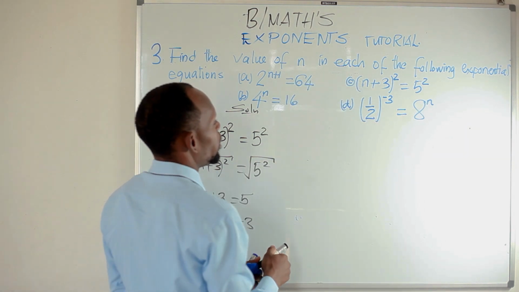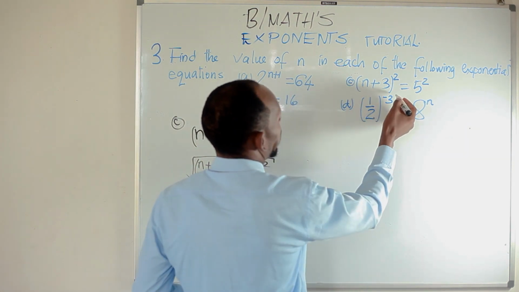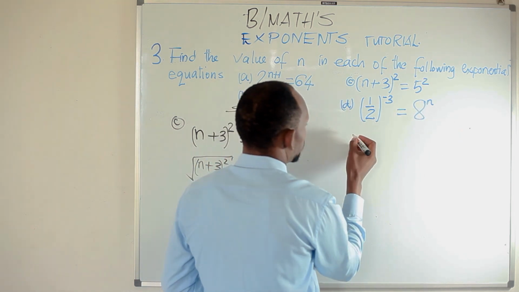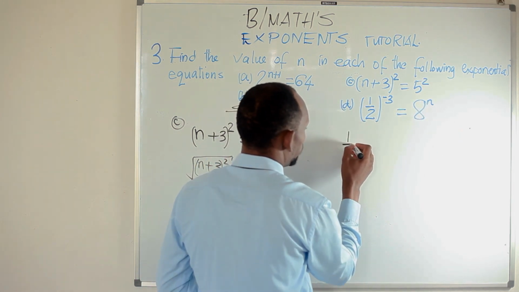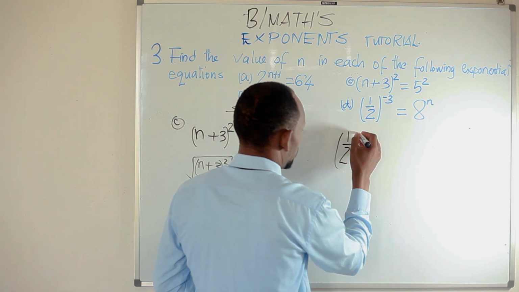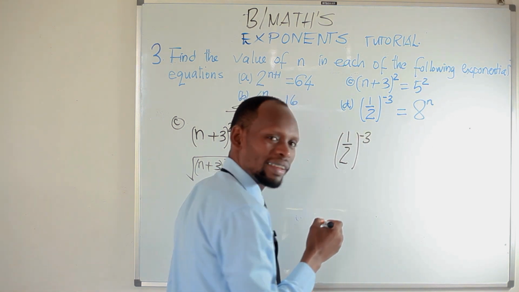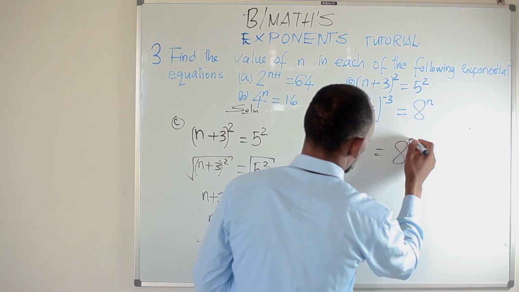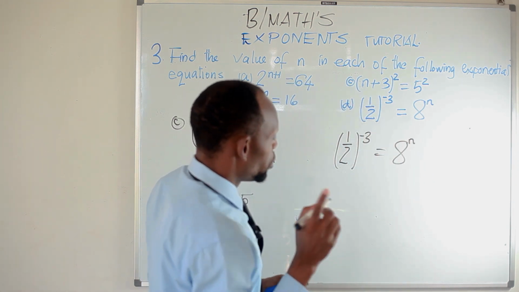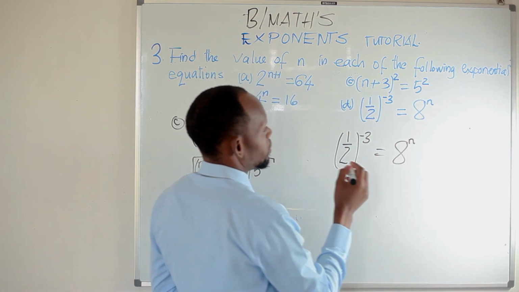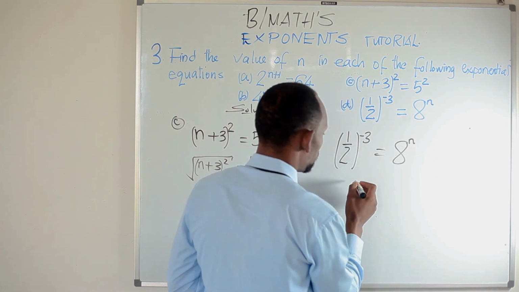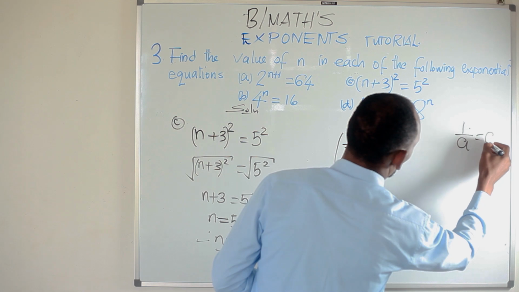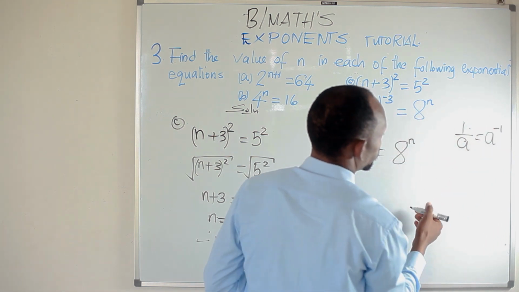Yes, D. You are given (1/2) power negative 3 equals 8 power n. Do you know, always, 1 over a is equal to a power negative 1.